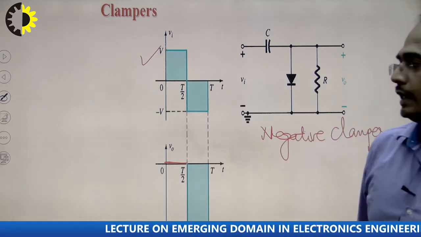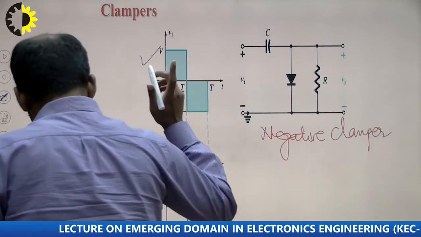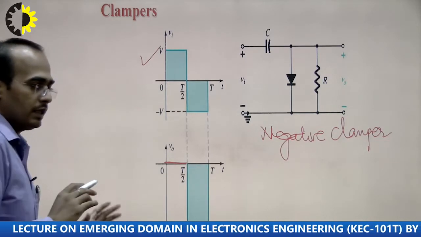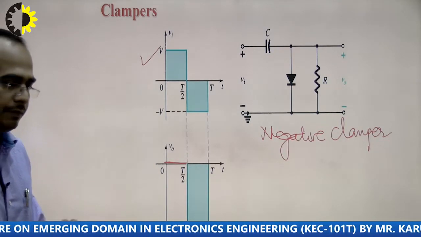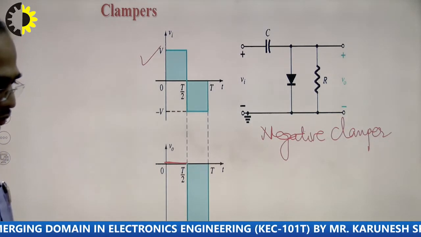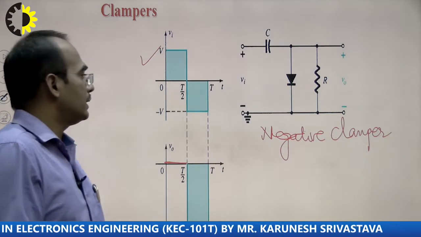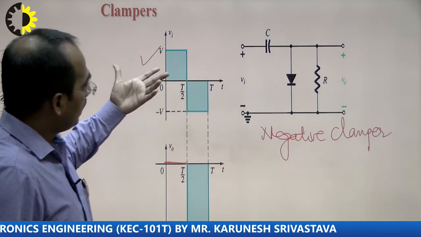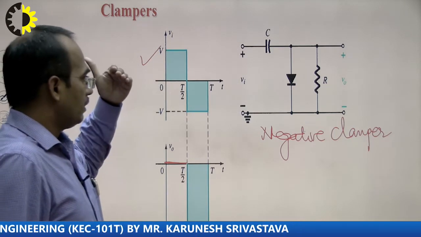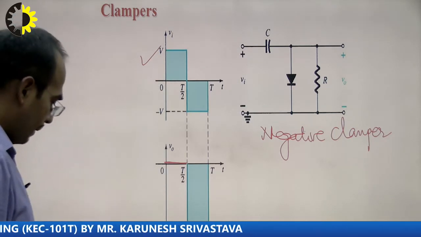One more important thing is that you can check the input and output waveform, because in the clamper circuit you are shifting the input waveform in upward and downward direction, or you can say you are only adding the DC signal into the input signal at the output of the clamper circuit.